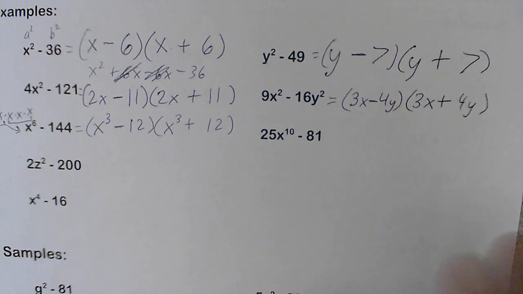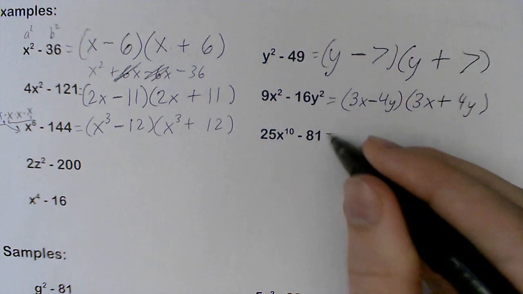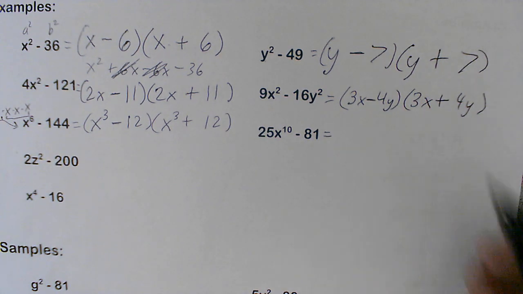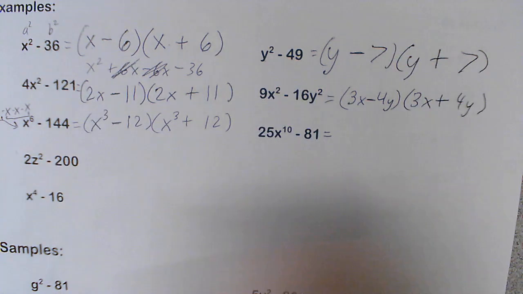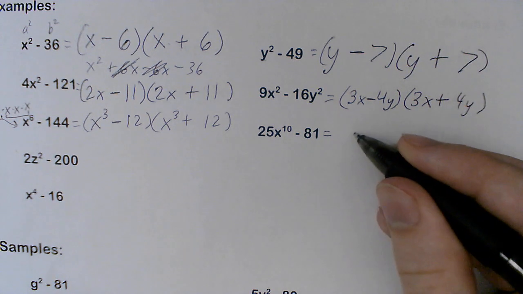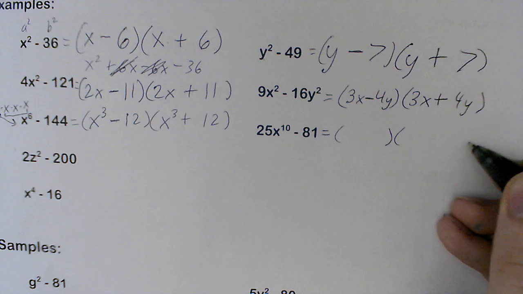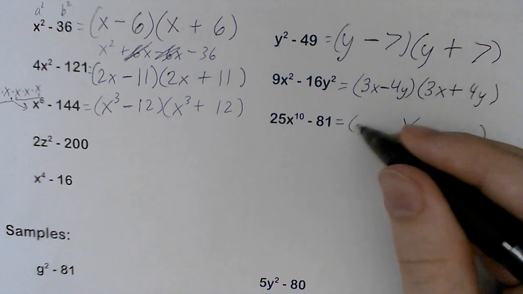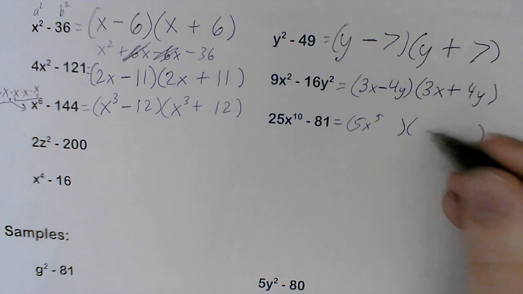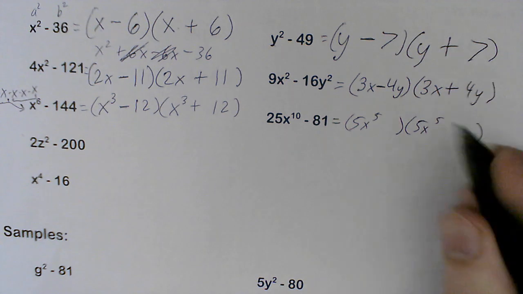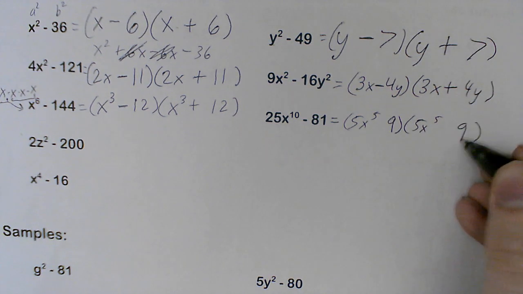So I want you to take a second and do that. And if you tried it, you'll see that there is no common factor, just like the other 5. So now that we know that there's no greatest common factor, now we can do difference of perfect squares. We should get 5x to the 5th, 5x to the 5th, and 9.